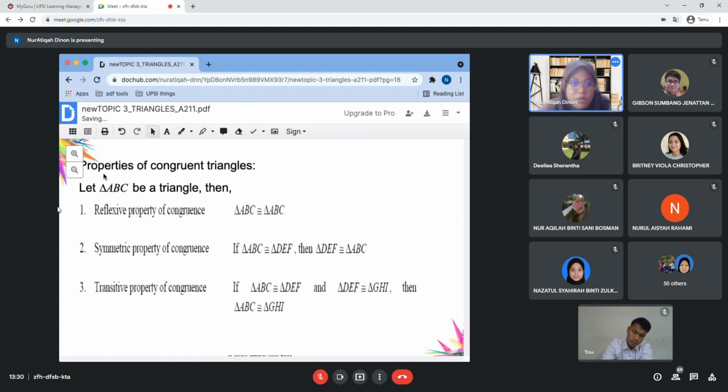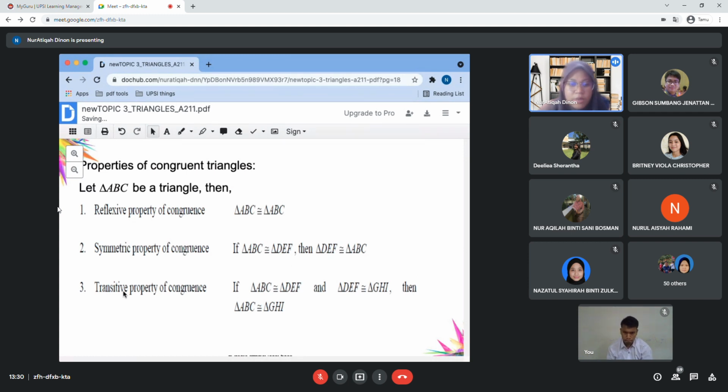Suppose we have a triangle ABC. Reflexive property of congruence: triangle ABC is congruent to ABC. Symmetric property of congruence: if triangle ABC is congruent to DEF, then DEF is congruent to ABC.